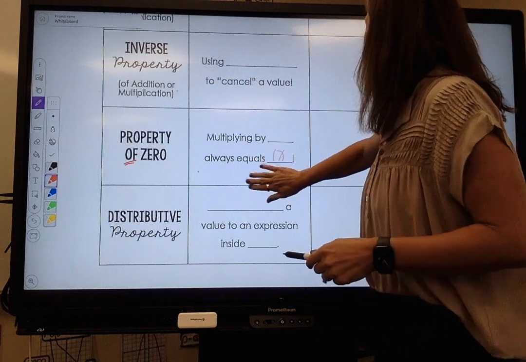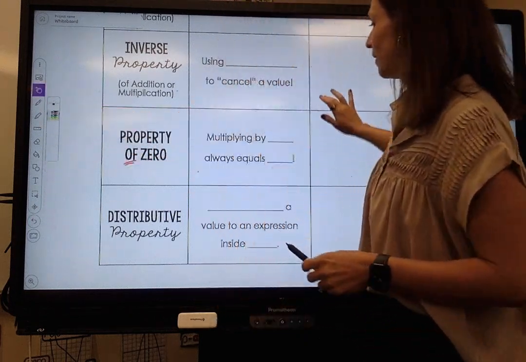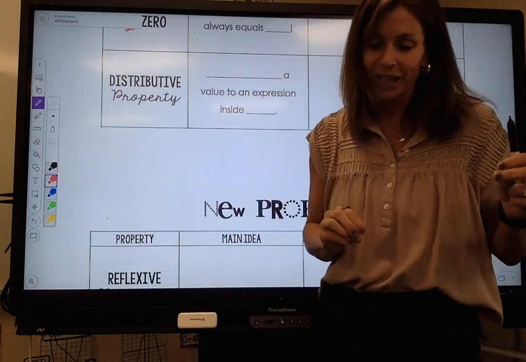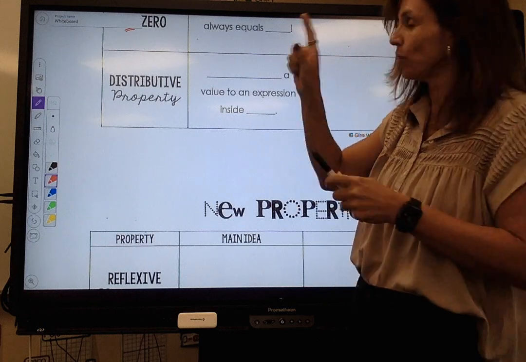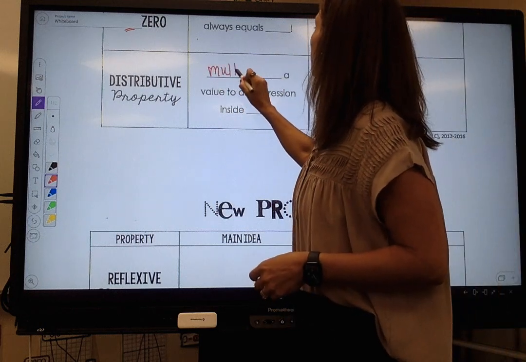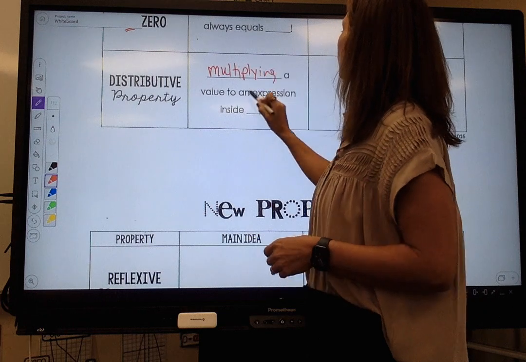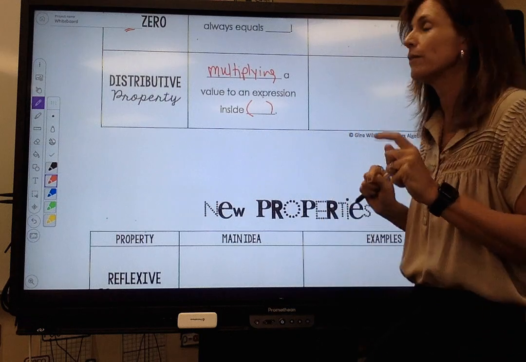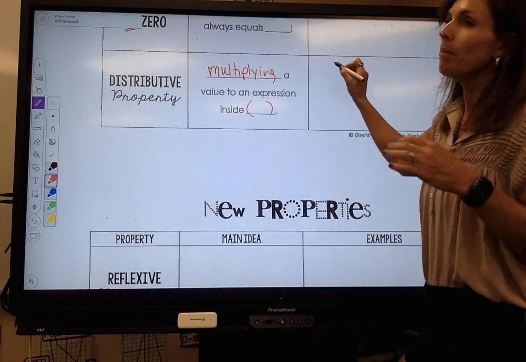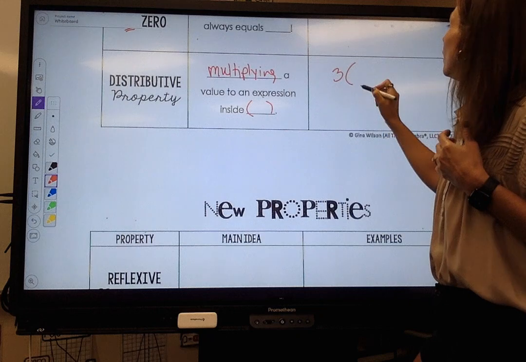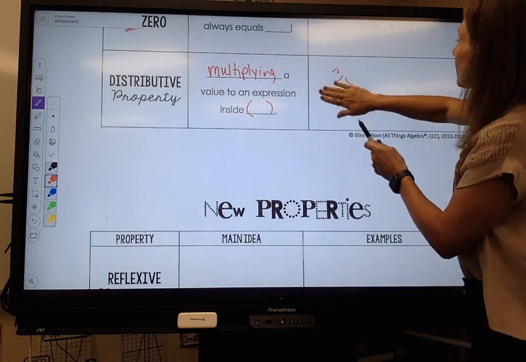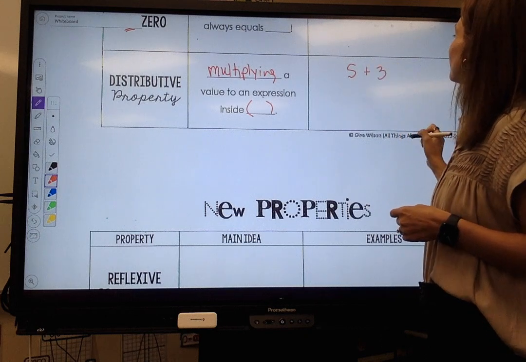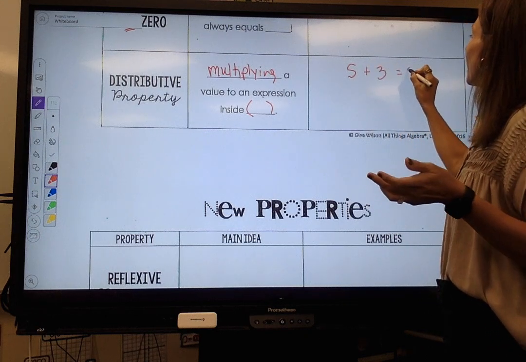All right, distributive. I think distributive is probably most teachers' favorite. It's where you are distributing, you are multiplying a value to an expression inside parentheses. You evenly distribute, right? So if my mother told me to get 5 apples one week and 3 apples the next week, that's going to give me 8 apples, right?